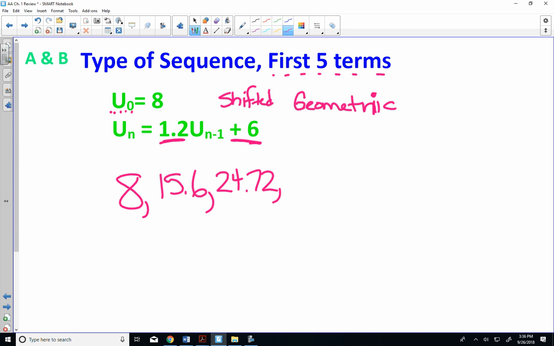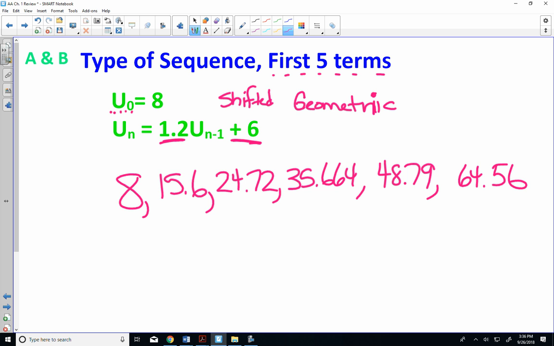And then when you keep hitting your equal sign on your calculator, the next number is 35.664. And the final one is going to be 48.79. Now, if you go even further and write 64.56, because since this is u sub 0, this is u1, u2, u3, u4, and u5.